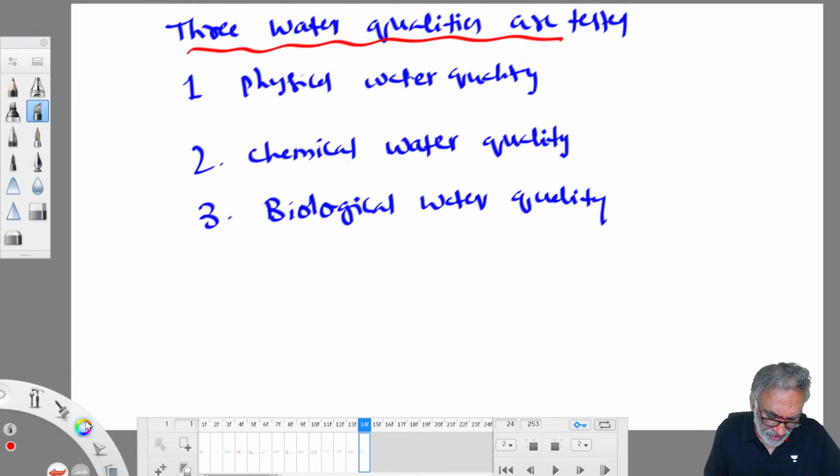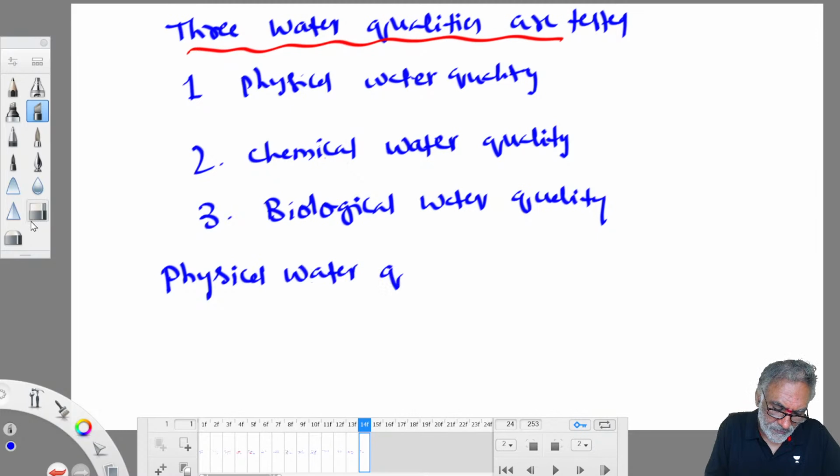For physical water quality, 4 parameters we test.